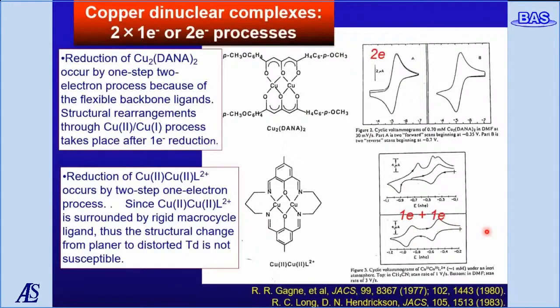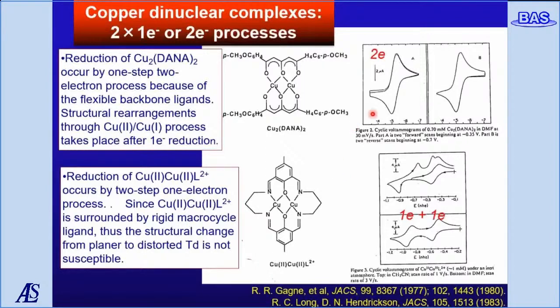The reduction of kappa 2 to kappa 1 induced the structure change from planar kappa 2 to tetrahedral distorted kappa 1 state. This structure change by the first reduction makes the second reduction occur more smoothly, leading to the second reduction potential being more positive.